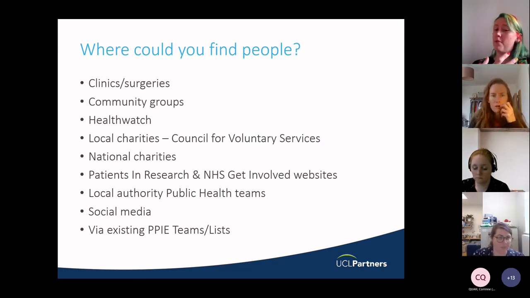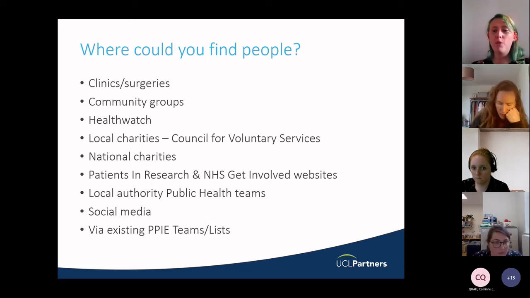Also, if you go into clinics and surgeries and put notices up on the wall, only the people who are already really involved in their healthcare are going to see those things. So if you want to work with a group who potentially avoid going to, say, the pharmacy or their GP, then that's not the best space to advertise in, right? You're going to completely miss them.